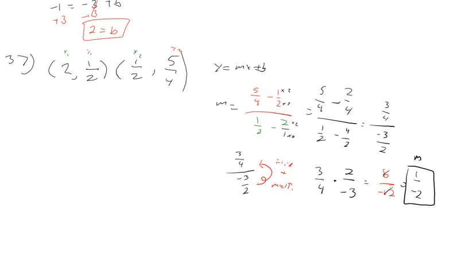This 2 and this 4, I can reduce those as if they were one fraction, because really this is all just one big fraction. 2 can become a 1, 4 can become a 2. So I got a negative 2 on the bottom and a positive 1 on the top, and that's where my fraction comes from. So you will get more familiar with these fraction multiplication, division, etc. You'll become more adept at it.